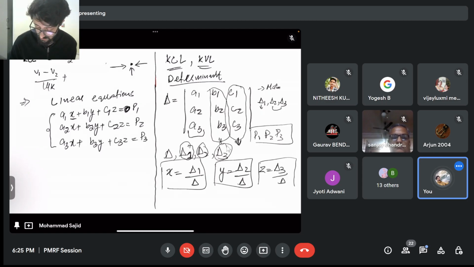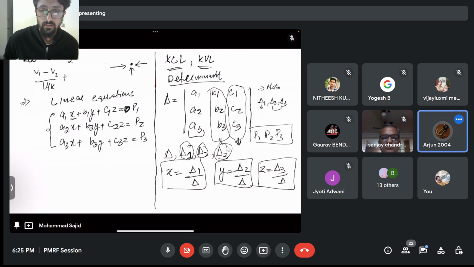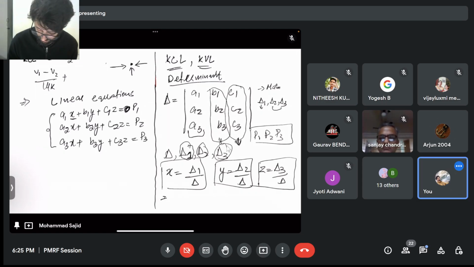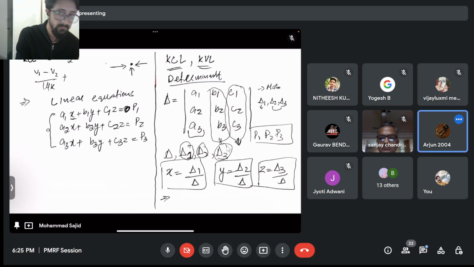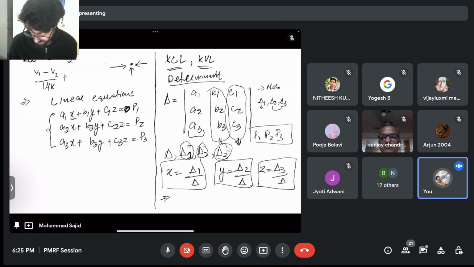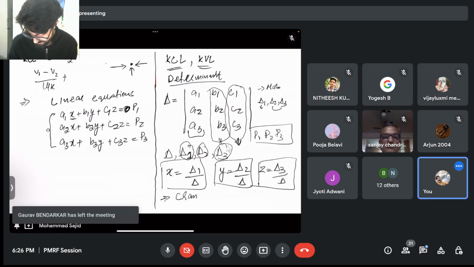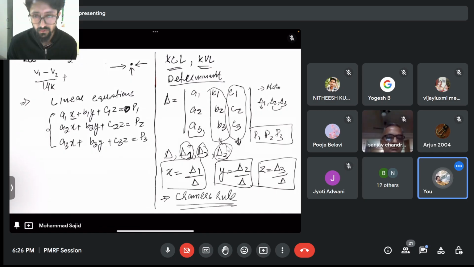Have you seen this method before? I suppose you may have seen it. Anyone? Yes, sir. So what is this method called? Cramer's rule, right?